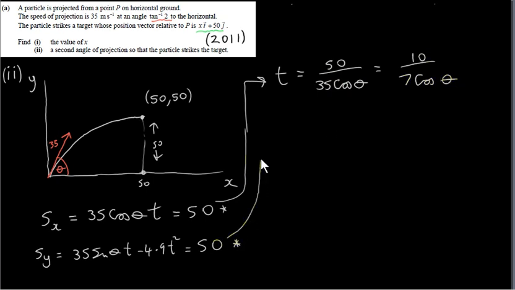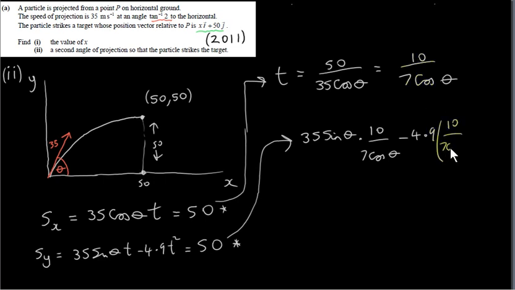Now we take the second equation and plug this in for t. So we have 35 sine theta times 10 over 7 cos of theta, minus 4.9 times t squared, and that equals 50. So we have an equation with one unknown in it. That unknown is theta.